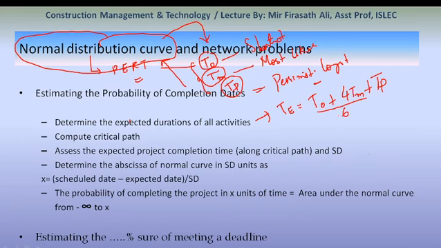From this we can compute the critical path. Assess the expected project completion time along the critical path and SD. What do we mean by SD? SD stands for standard deviation.